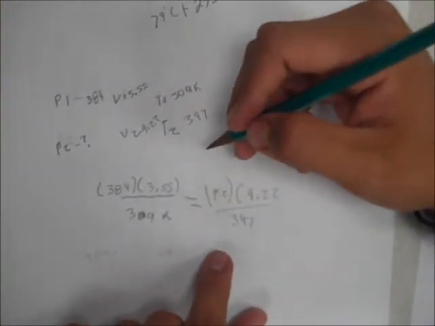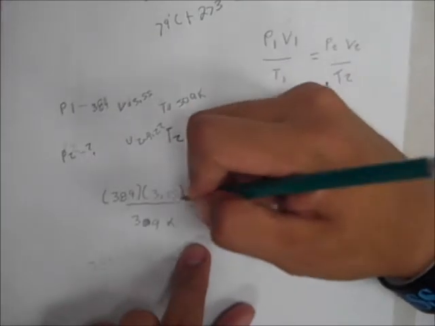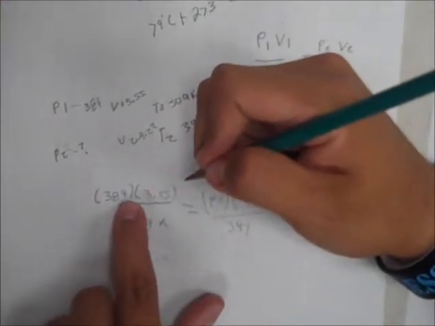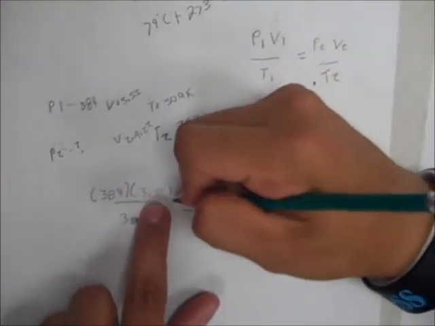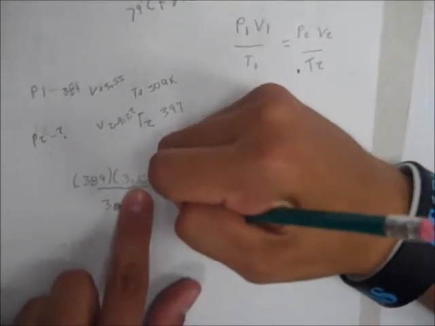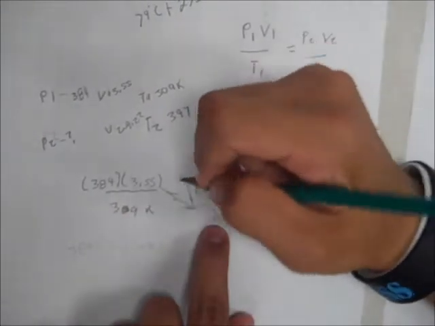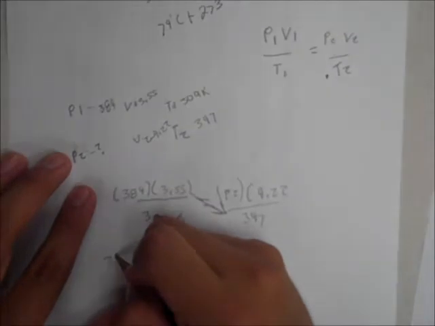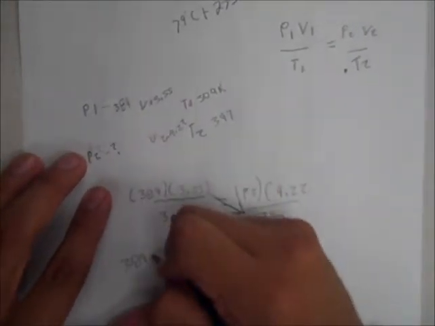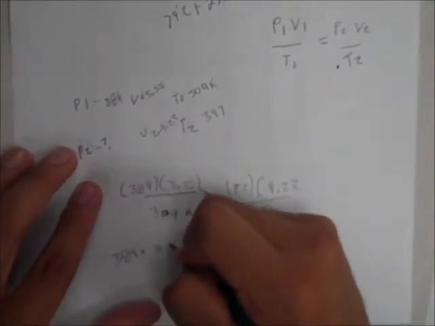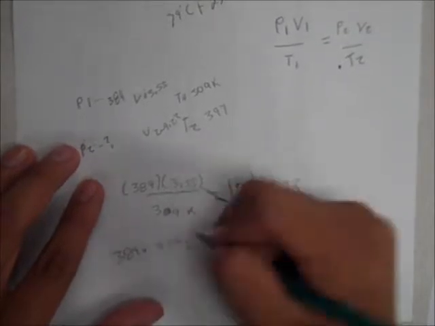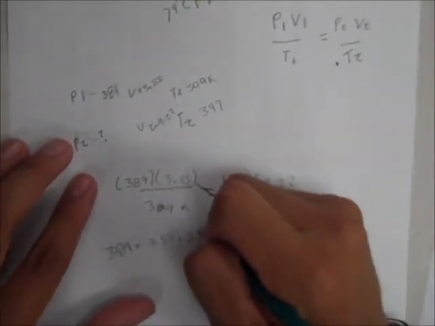So first we're going to cross multiply. We're going to do 384 times 3.55 times 347.